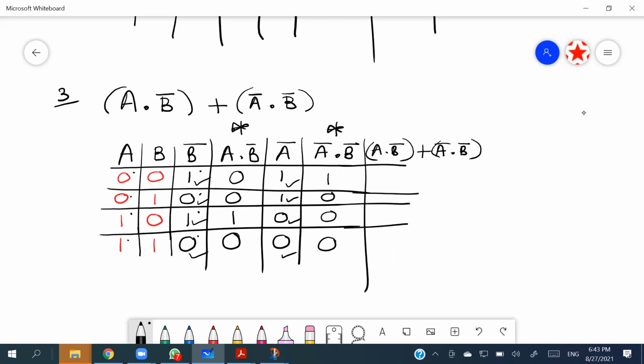So 0 plus 1, it's going to be 1. And 0 plus 0, it's going to be a 0. 1 plus 0, it's going to be a 1. And 0 plus 0, it's going to be a 0. So the final answer is going to be 1, 0, 1, 0. Right? Okay. So if you got any mistakes, you can do the corrections.